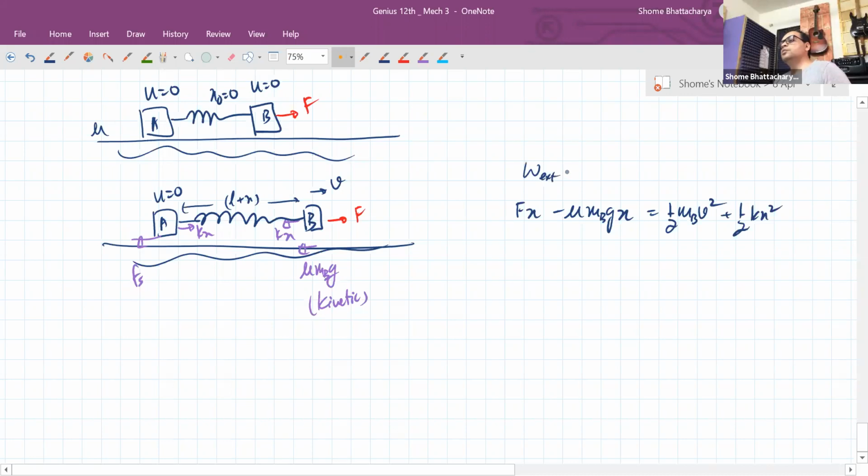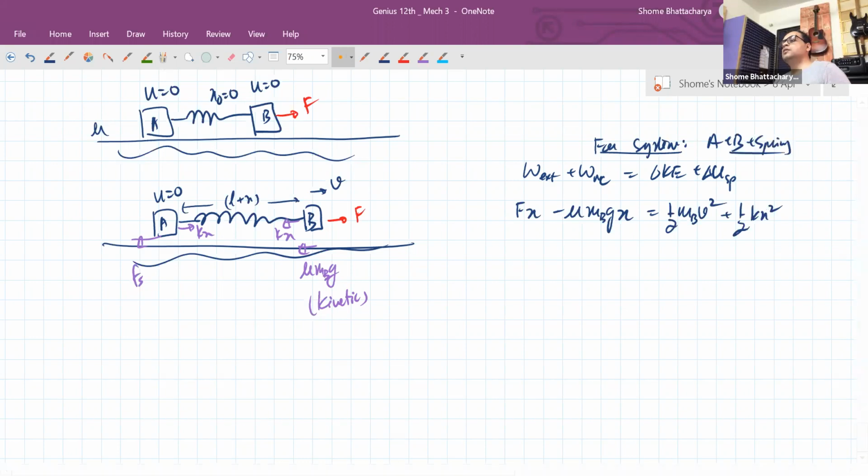Work done by the external force plus work done by non-conservative force is the change in kinetic energy plus change in potential energy for the system. That is A plus B plus the spring as a system. You have this. Okay, so you have like this.